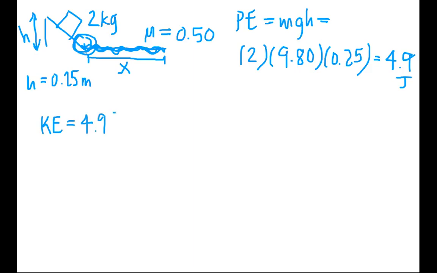How do we know that it is all kinetic energy? Well, if we're looking at this problem, we have the option of kinetic or potential energy. And if we're treating that as if it's ground level, because we've had a height change of 0.25 meters, we can treat that as 0, which would give us no potential energy, which would mean that we have only kinetic.